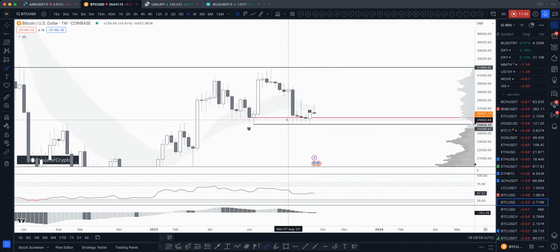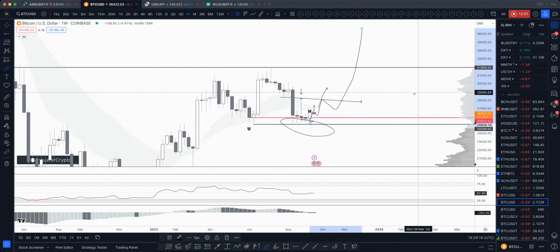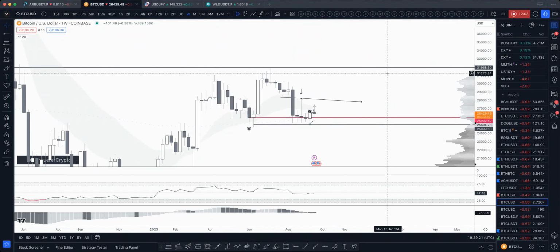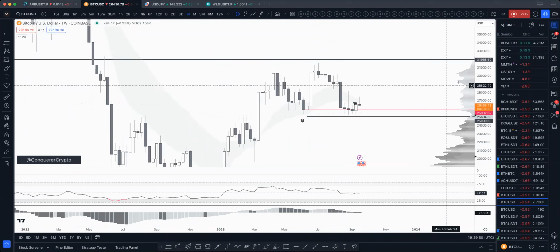You see, rejected, went up there, to this area, okay, and rejected from here also. Come back to this area, rejected again. It just didn't go too far, right? When it gets rejected like this, we want this to run, but it didn't. So that's a problem basically. That's a big problem.